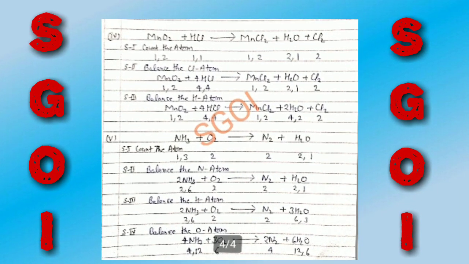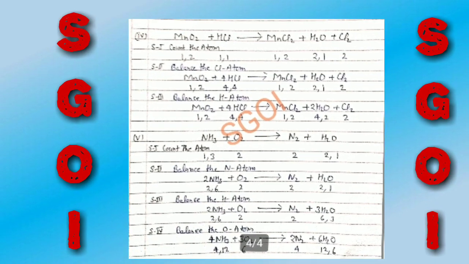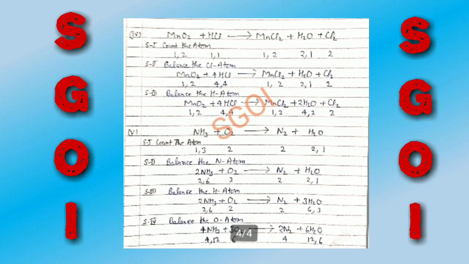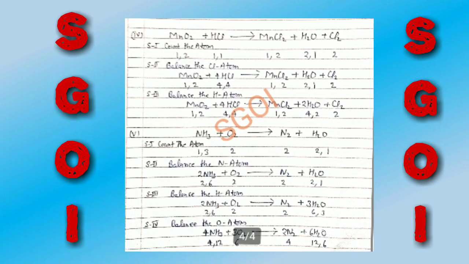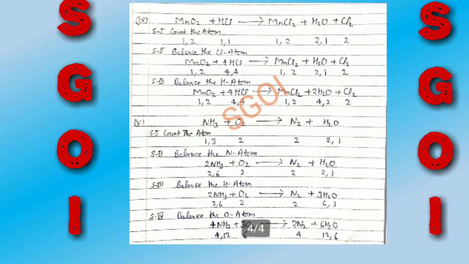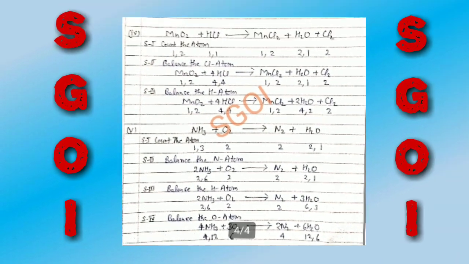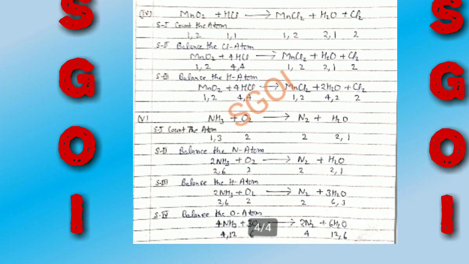On the product side 1, 2, 2, 1 and 2 respectively, all the atoms. Now in the second step, first we balance the chlorine atom. On the product side chlorine is 4 and the reactant side is 1. That's why multiply by 4 in HCl, so that chlorine is balanced on both sides.